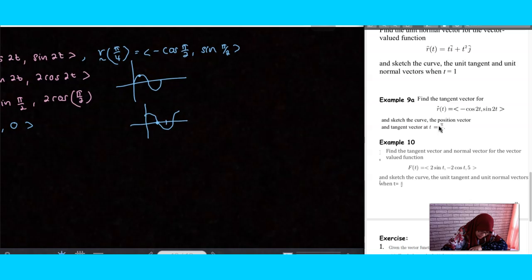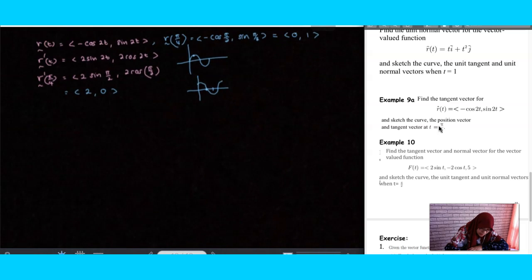So cos pi over 2 is 0, sine pi over 2 is 1. So we got 0, 1. So that is our position vector.